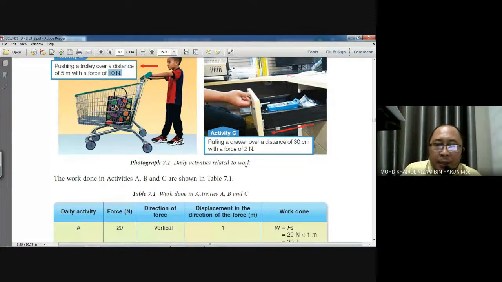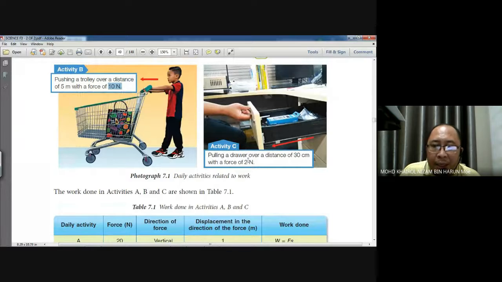Same with activity C, it just states here a force of 2 Newton, because the hand that is being used to pull a drawer also moves over a distance with the weight of the drawer.